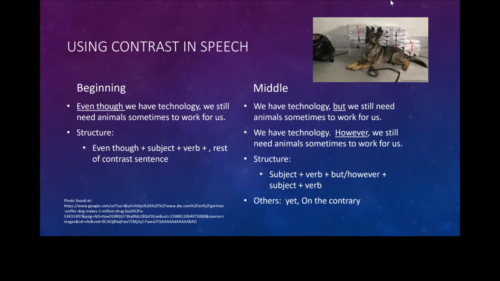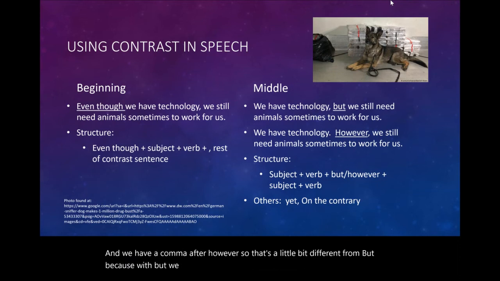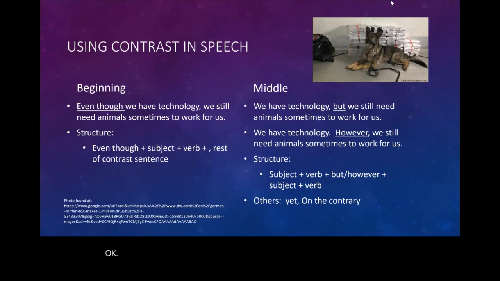Yeah, we have a period before however, and we have a comma after however. So that's a little bit different from but, because with but, we just have a comma before it. Okay? And I put the structure there for you guys.